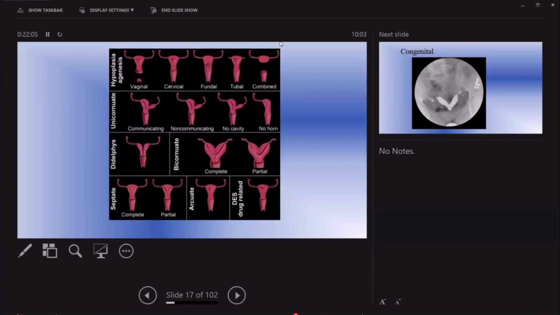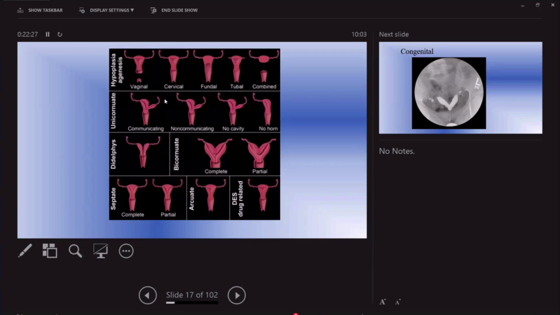The last version of congenital uterine anomaly is when you have hypoplasia or agenesis. So whenever you're looking at these cases, they are easily missed. The reason to miss it is because if you don't have your checklist looking at a female pelvic MRI, you will miss it.